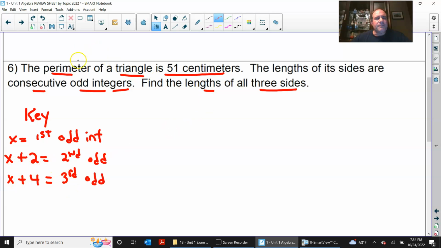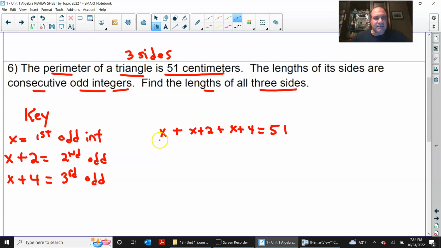All right. The perimeter of the triangle has 3 sides, is 51. So just remember, you're adding all of these up. So we're going to just put x, because we're talking about perimeter here. So it's x plus 2 plus x plus 4 equals 51. Now your job is to combine like terms.